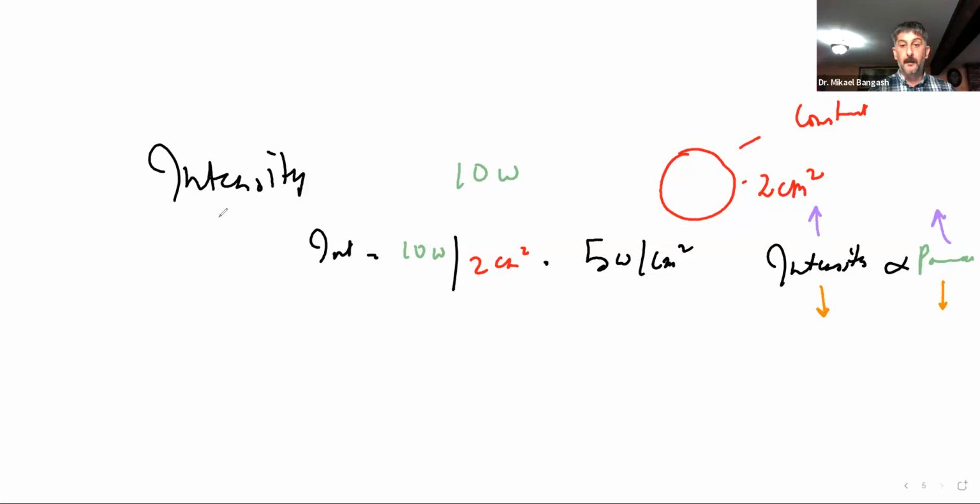Clear? So to establish the relationship between intensity and power, we keep the area constant. Now we can go on increasing the power. If we increase the power from 10 watts to, let's say, 30 watts, what do you see happens to your intensity then?